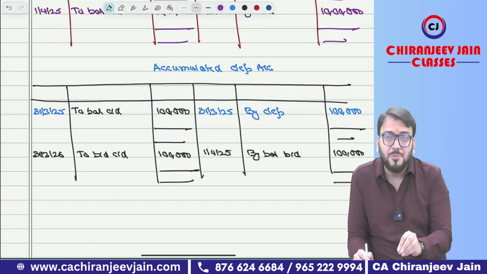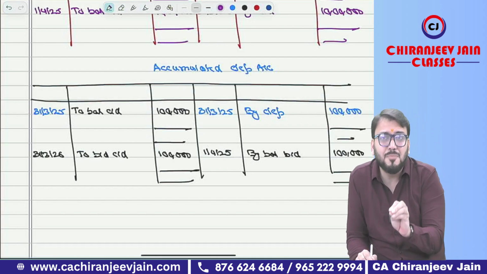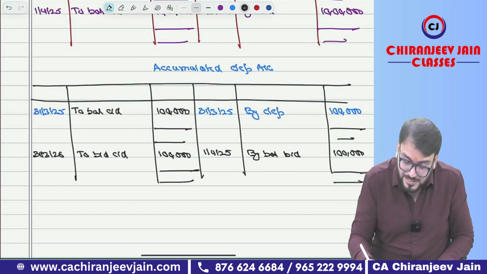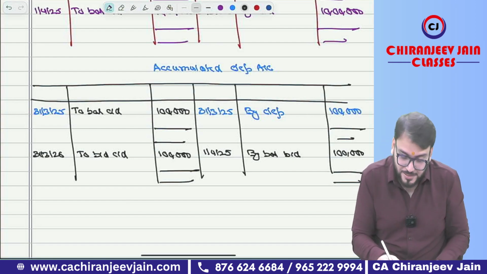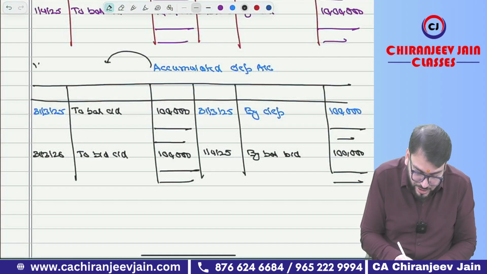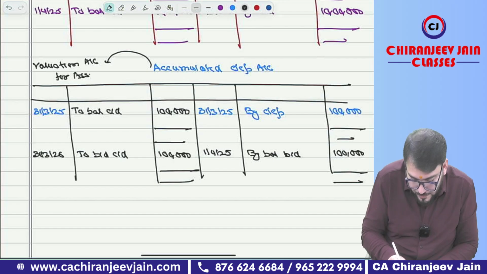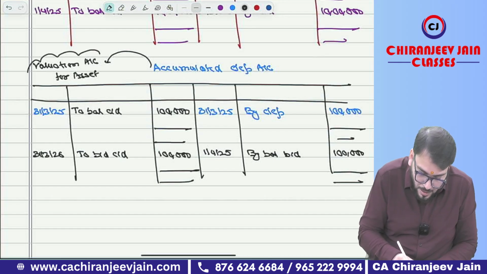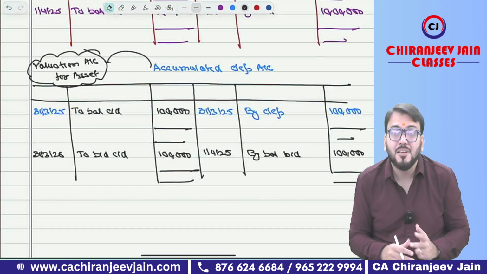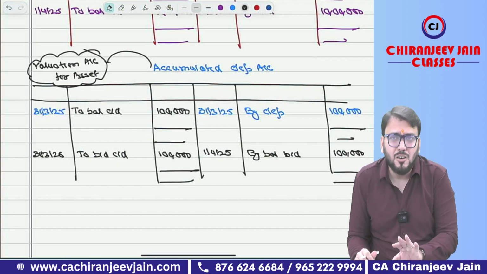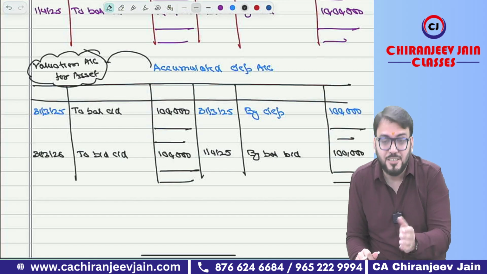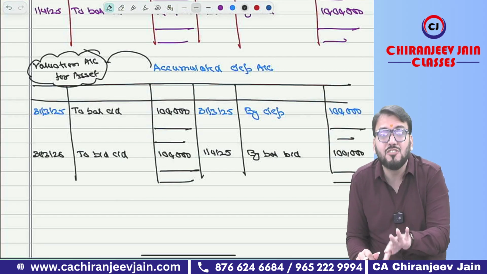So accumulated depreciation is nothing but decrease in asset. So we normally say it is a valuation account for asset. So actually this is a valuation account for asset. Got this point? Have you understood? So here the rules will be reversed for the asset. So increase will be credited and decrease will be debited.